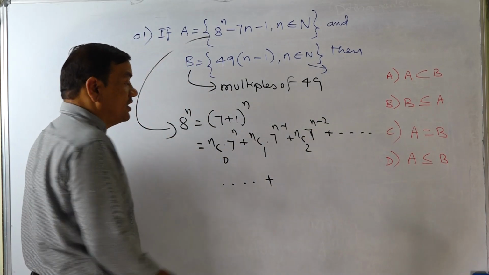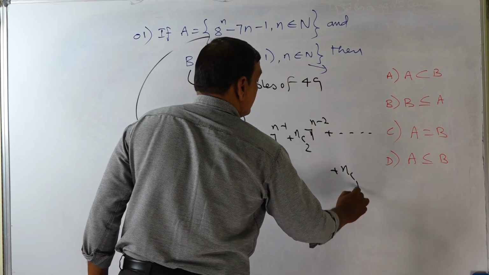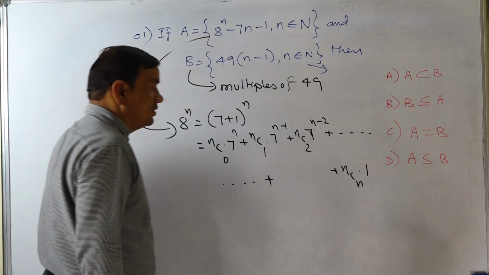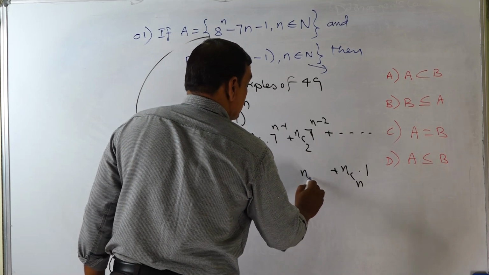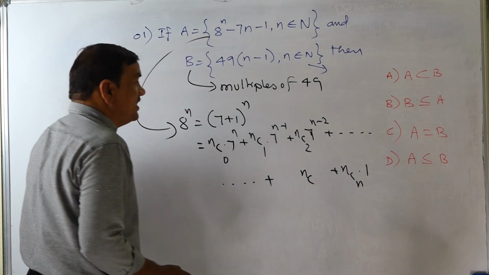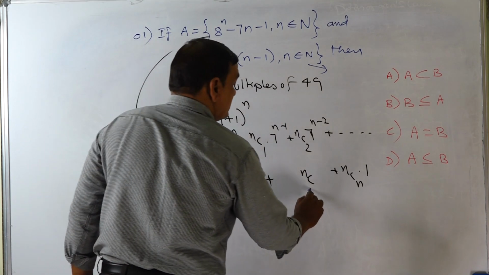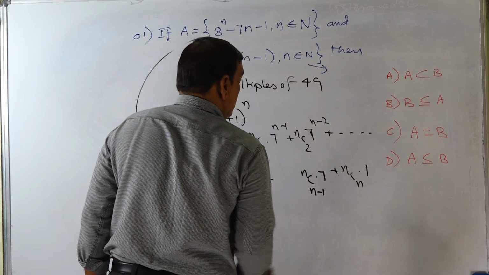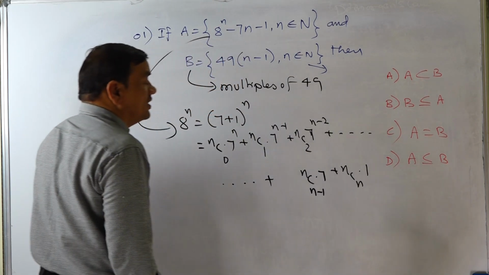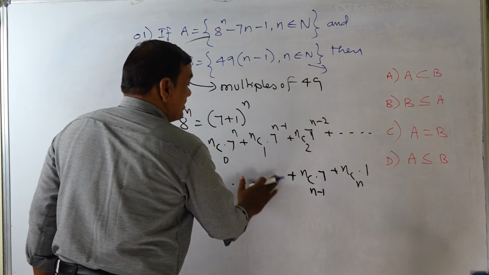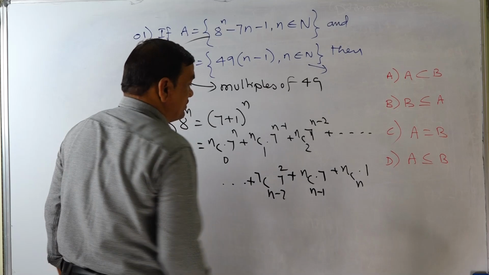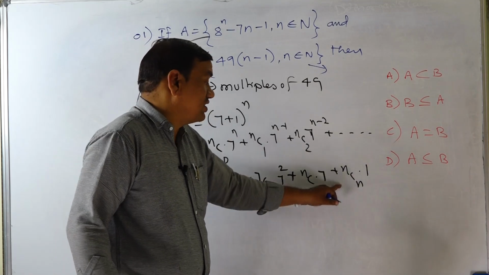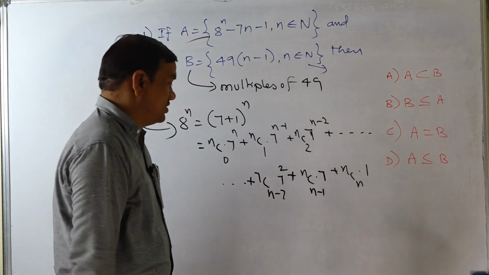The last term is nCn into 1. Its previous term is nCn minus 1, and this is 7 power 1. The next previous term is nCn minus 2, and this you will get 7 square. So, this is 7 power 0, 7 power 1, 7 square from the last.